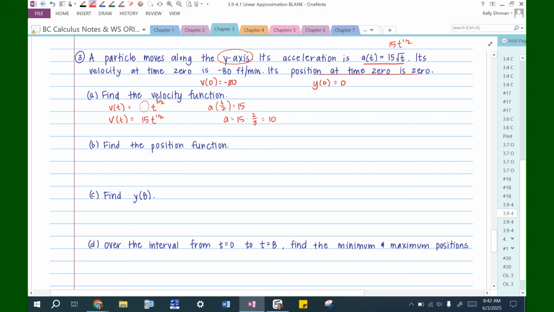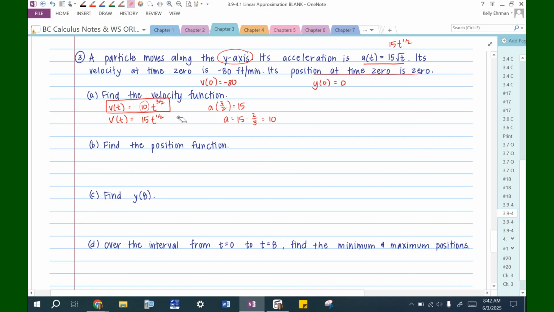Is that 10? 10 times 3 over 2 is 30 over 2, which is 15. So v of t must have been 10 times t to the 3/2. I will have an official rule for you that we will learn in chapter 4. It's just you're kind of trying to think around it right now.